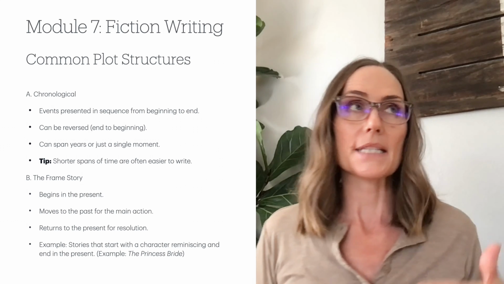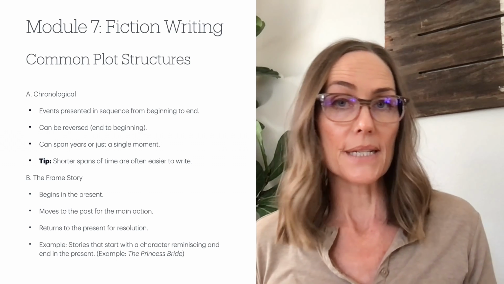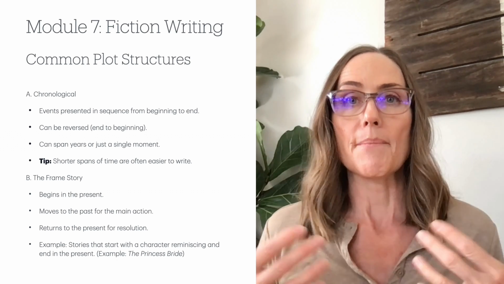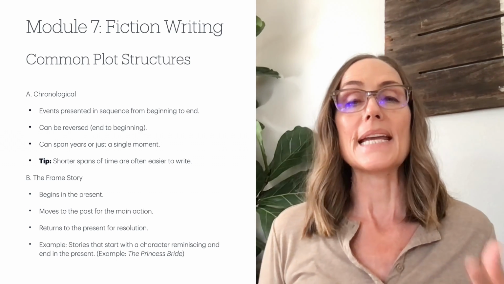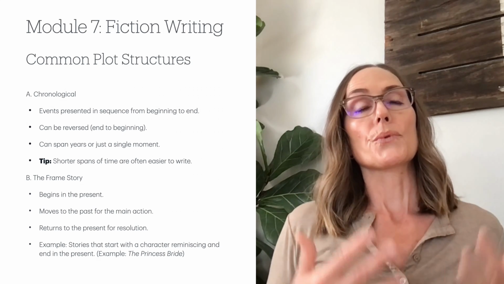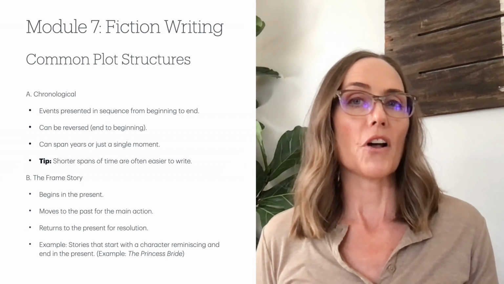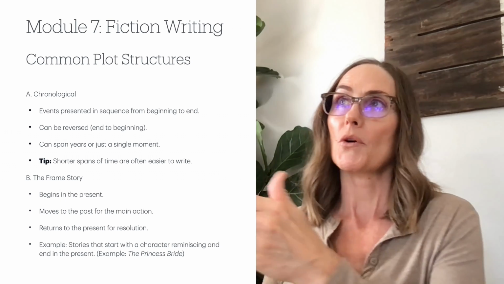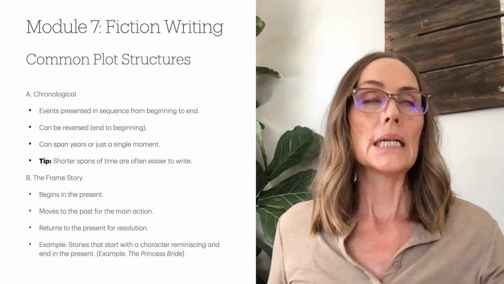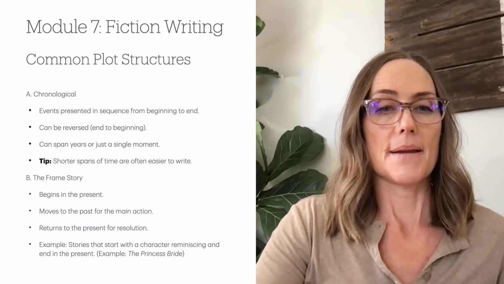The reason for that is the longer the span of time, the more you're tempted to include details that don't really matter for the story and you get into the weeds a little bit. And you have to really determine what's essential and what's not. So that's something that you can fall into when you're telling a story chronologically from beginning to end over a long span of time.